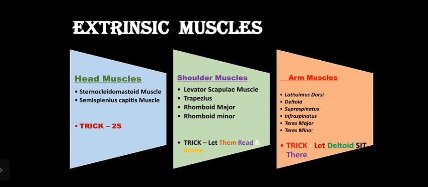As we have already seen, the scapula has a spine, which we termed the spine of scapula. So supraspinatus means the muscle present above the spine of scapula, and the muscle seen below the spine of scapula is known as infraspinatus. And we have the teres major and teres minor.